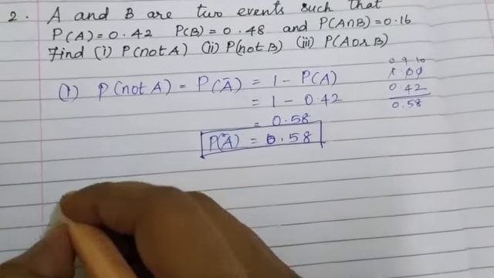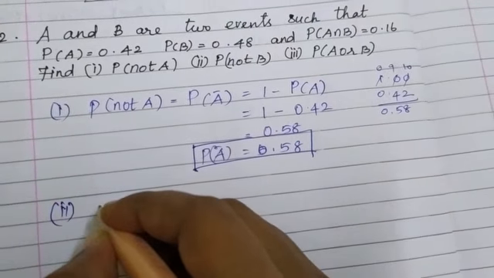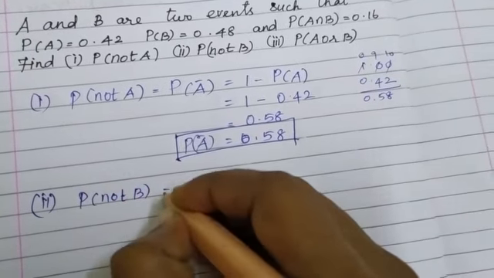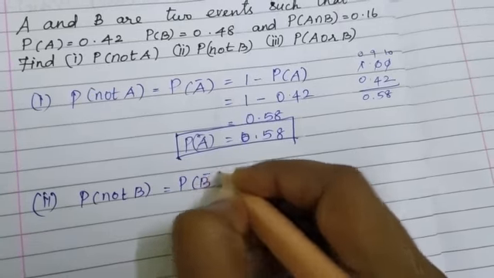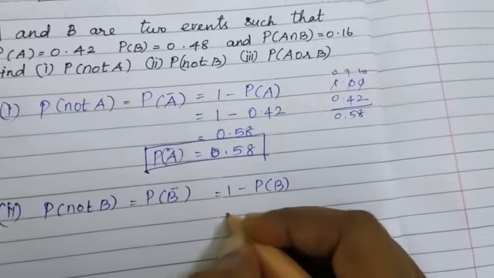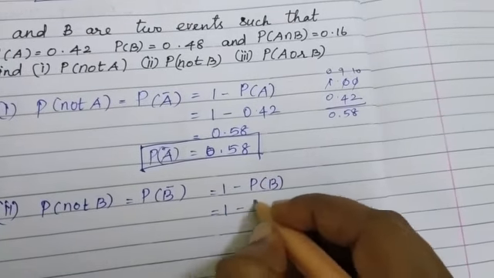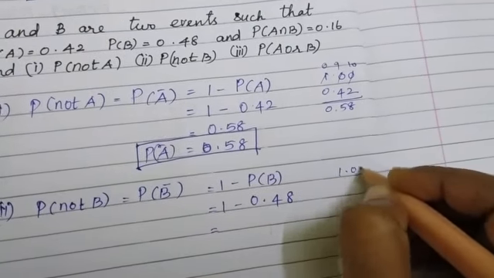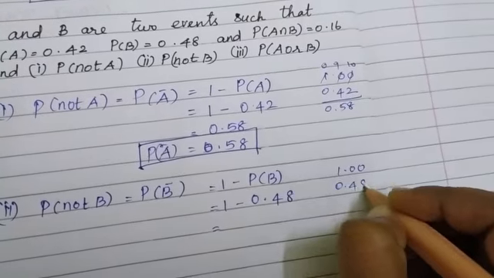Next, second division, P not B. So P not B means P of B bar only. So this formula, 1 minus P of B. So 1 minus 0.48.